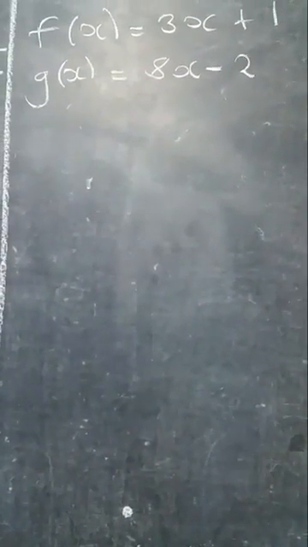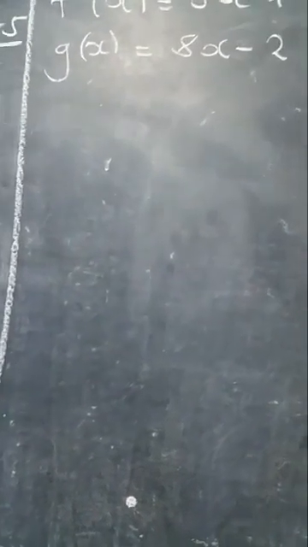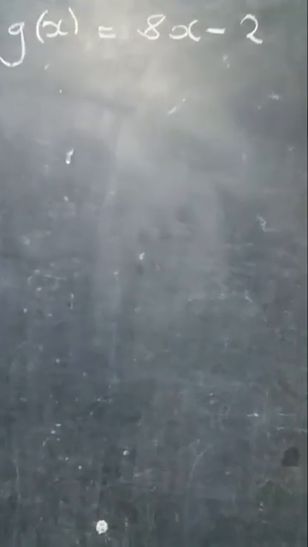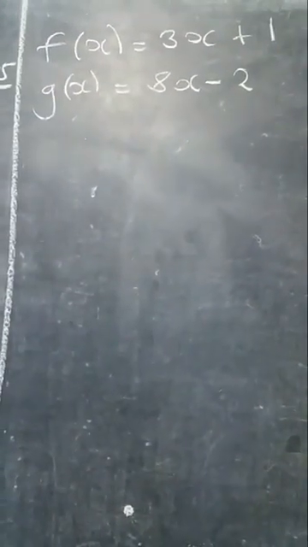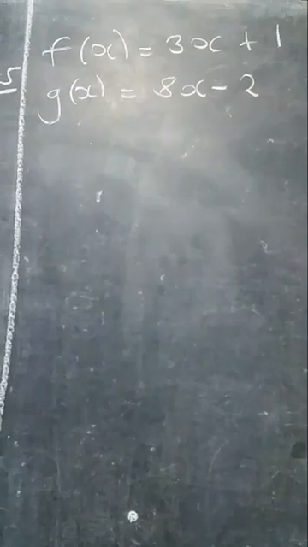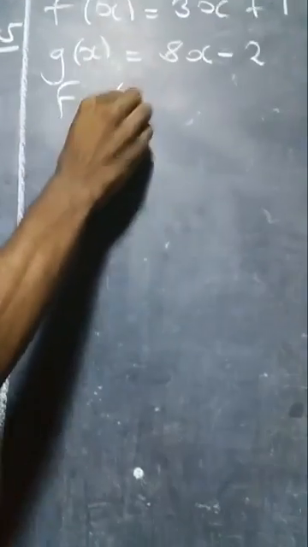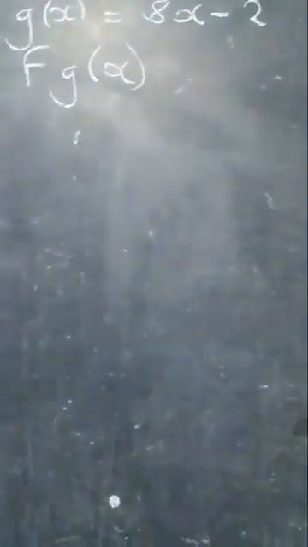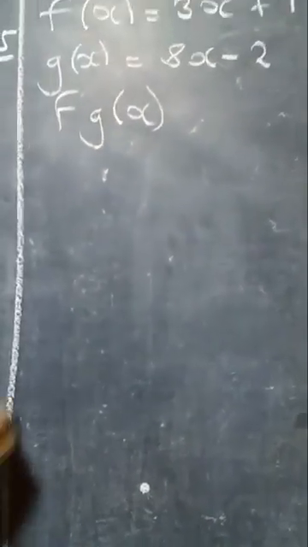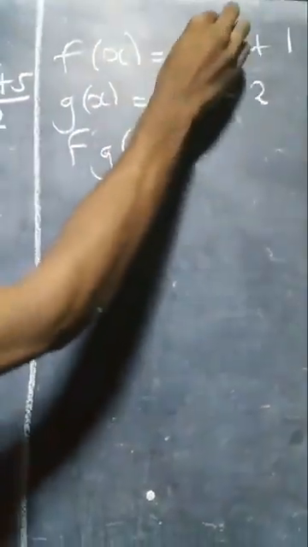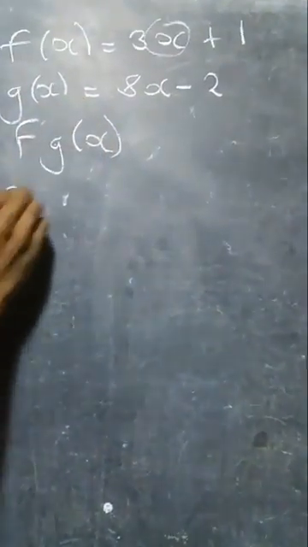When you have these, mostly what you'll be having is a function of a function. If they say, for example, find fg of x, that means where there is x here, put g of x. So let's write our function.